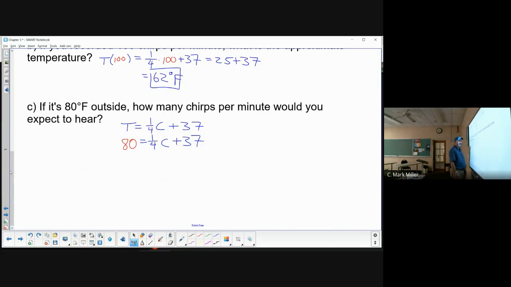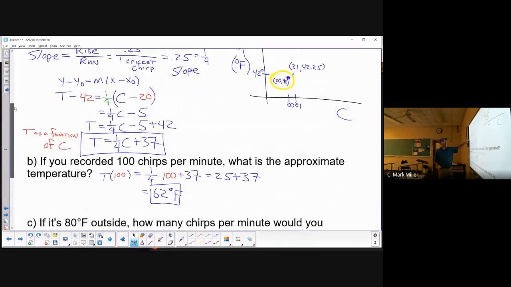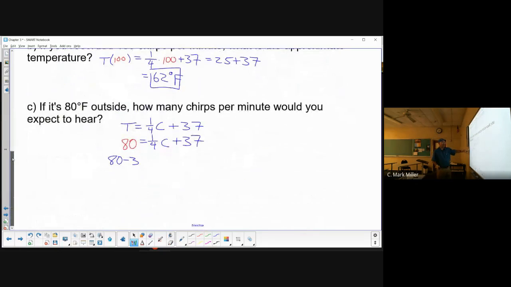So 80 minus 37 equals 1/4 of C. Okay. 80 minus 37 is 43.